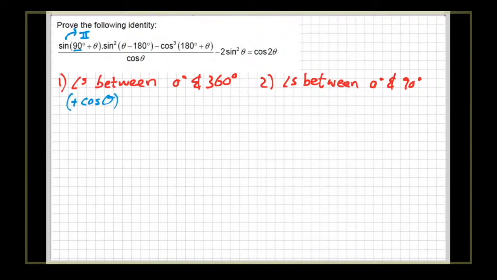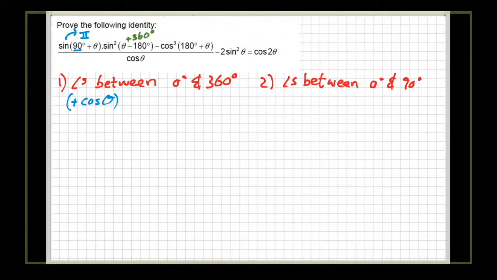Now sine squared of theta minus 180. I know that a lot of teachers take the long road, taking out a negative common and those kinds of things. I've got a different way of doing this that I like to use because it's simple. I add 360 degrees.